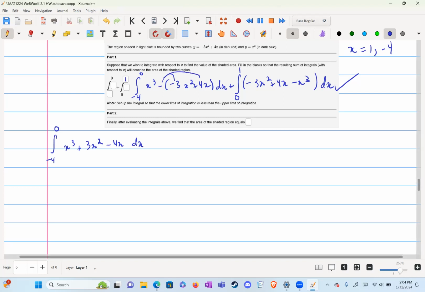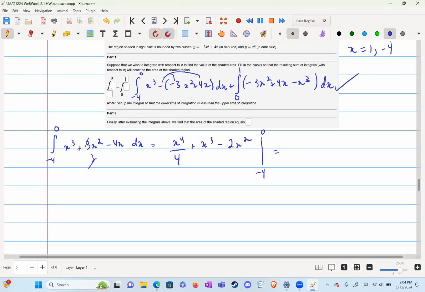So just using power rule, very simple integral here. Because this goes to 4, the 4s cancel out, this goes to 3, the 3s cancel out, this goes to 2, 4 over 2 is 2. So this follows, and then we have our bounds of integration from -4 to 0.